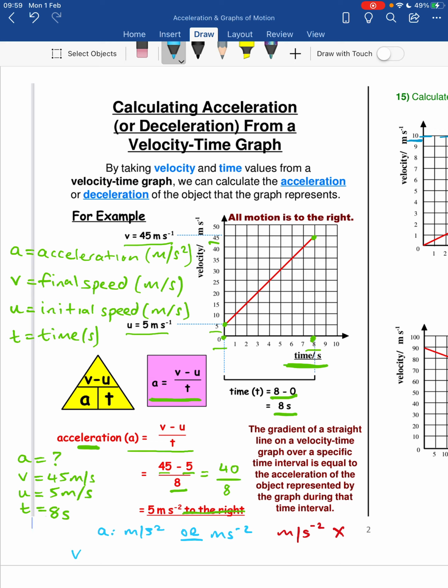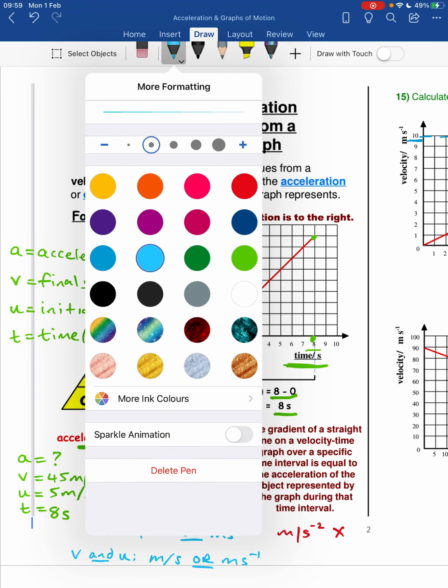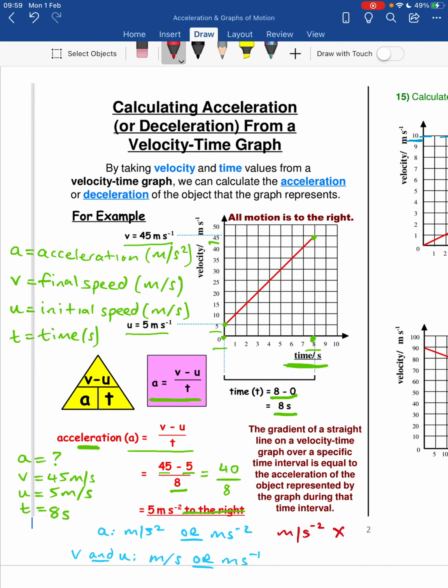So v and u both have the units of meters per second, which you can write down as m/s, or as ms minus 1. What you shouldn't write down is m/s minus 1. So make sure we're using the correct units for speed and for acceleration, like I've shown you here.